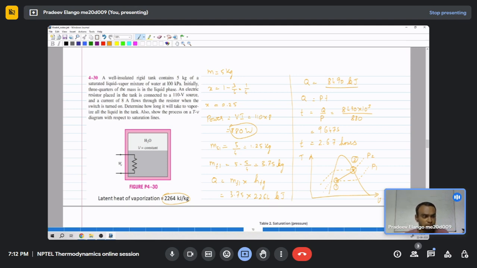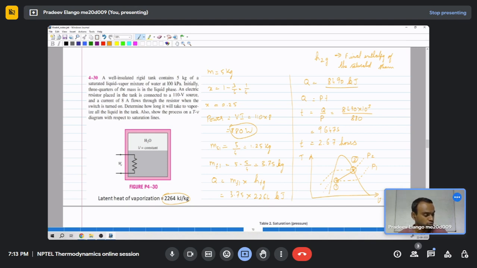Later you will also find that, if you have the steam table with you, you can find the enthalpy at state 2, H2G, for saturated steam.